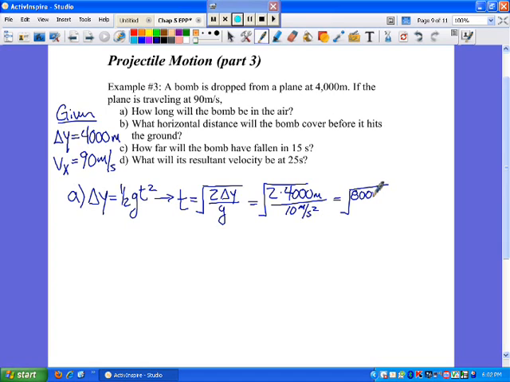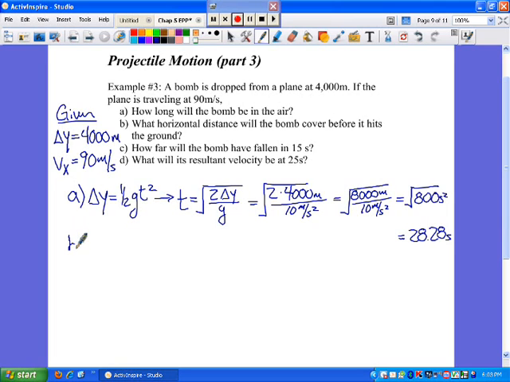The numerator of the fraction then becomes 8,000 meters divided by 10 meters per second squared, which will give us the square root of 800 seconds squared. That will give us an actual value of 28.28 seconds.